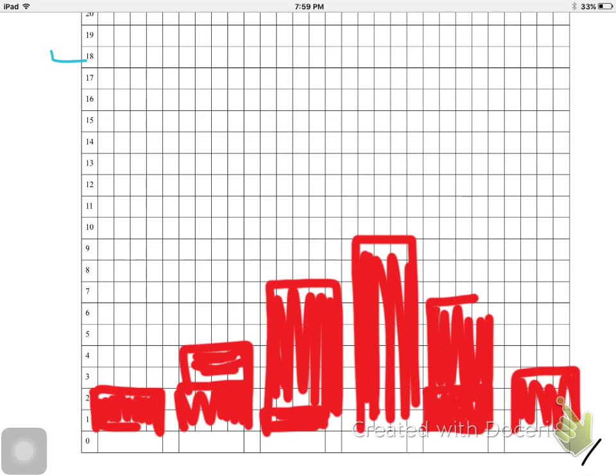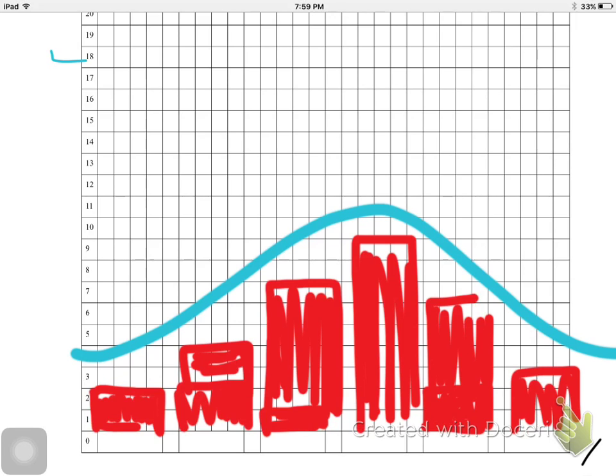We start to get towards that one humped graph, that hill in the middle.